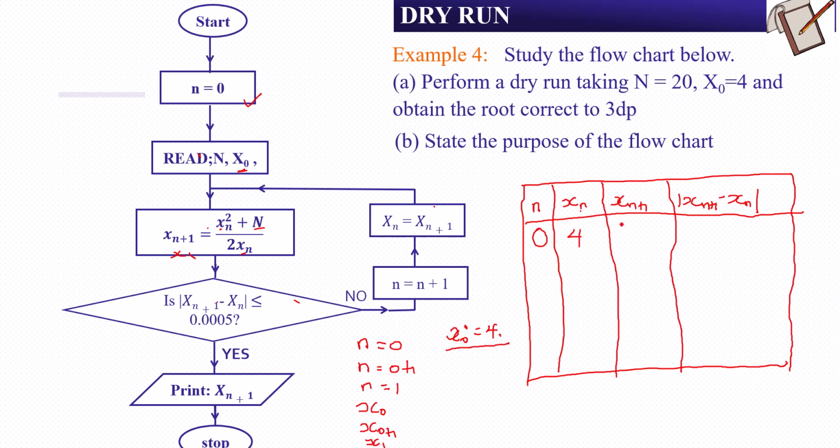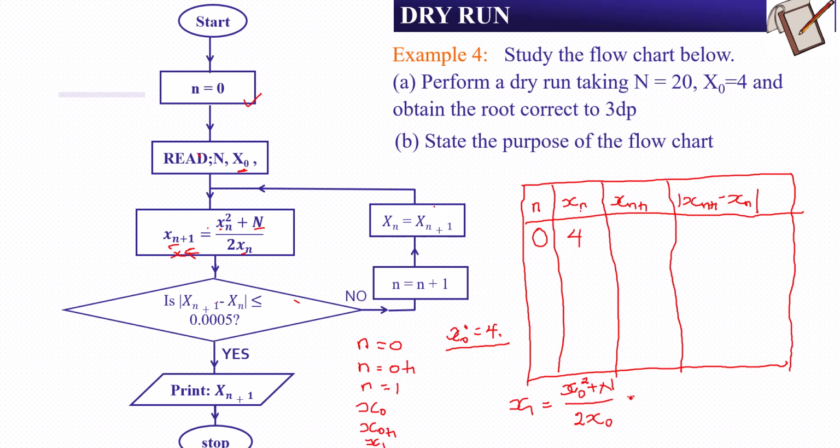Then for xn plus 1, our n is 0, so this becomes x1. So our x1 will be calculated using this formula here. So we are going to use this formula. And we come here and substitute our x naught where there is xn. So the formula now becomes x naught squared plus capital N over 2x naught.